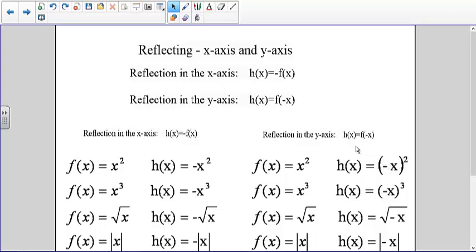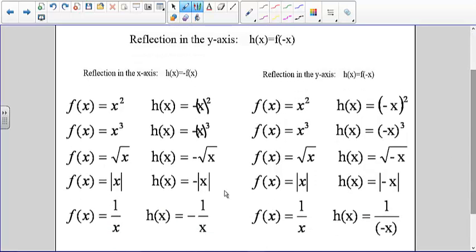So the negative is inside the actual function. What I'm really doing here is taking x and squaring it. So if the negative sign is in the parentheses, then it's a reflection across the y-axis. If it's outside the parentheses, this is outside the parentheses, this is inside the parentheses, this is outside the square root, this is inside the square root, this is outside the absolute value, this is the inside value.